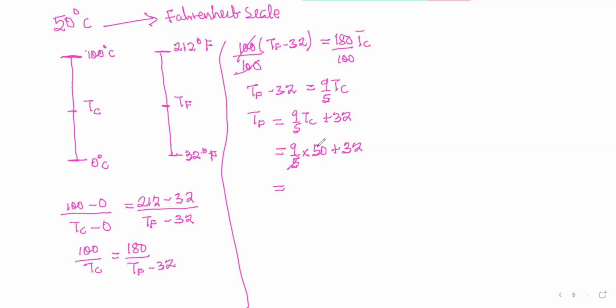This goes into this one. So I have 90 plus 32. And what is 90 plus 32? 122. 122 degree Fahrenheit. So that's it.